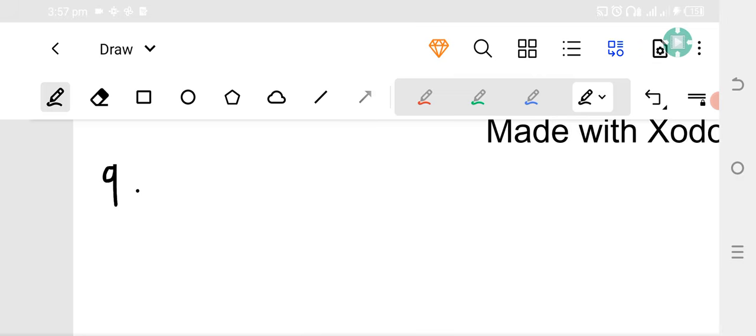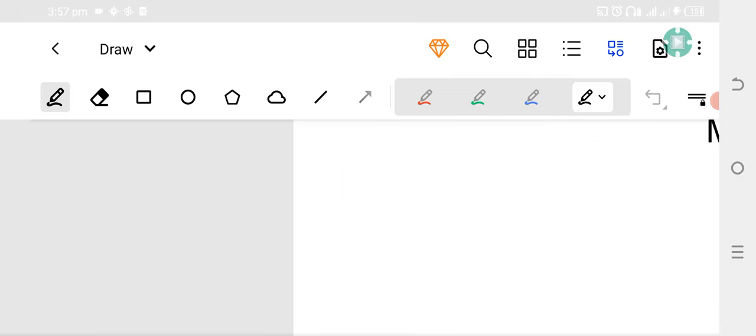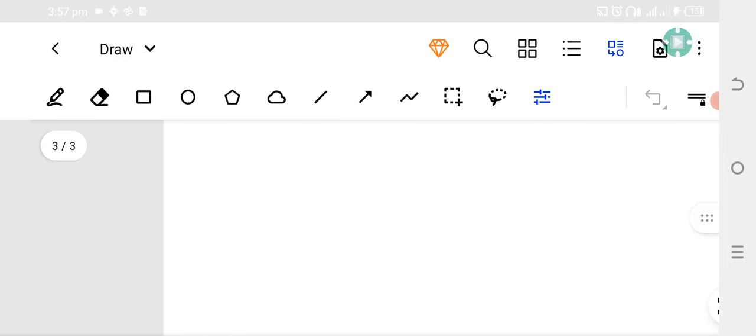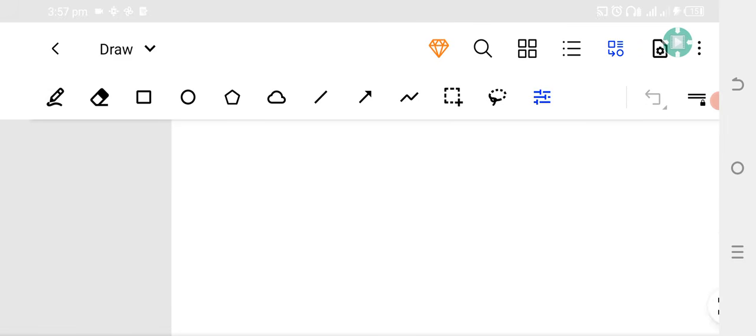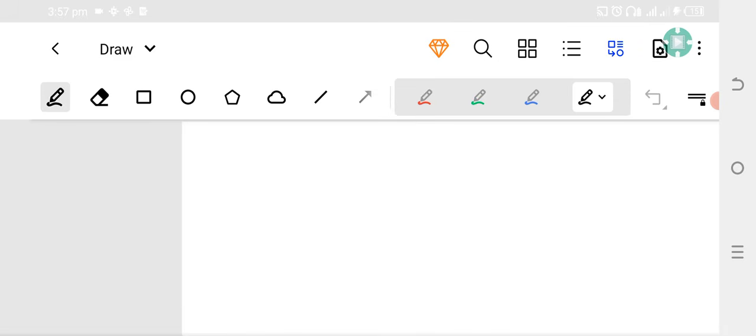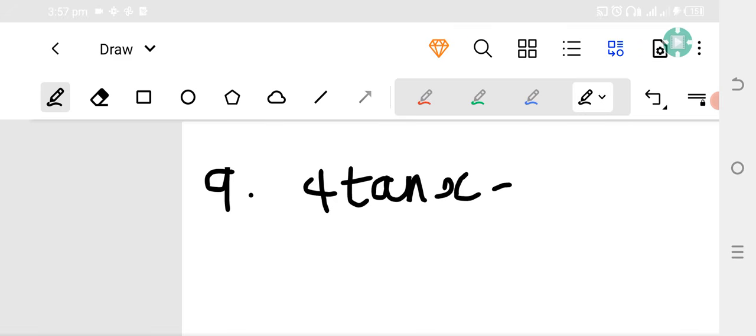Let me just zoom in more. This is question 9. Four tan x minus 2, the modulus of that is equal to 3.